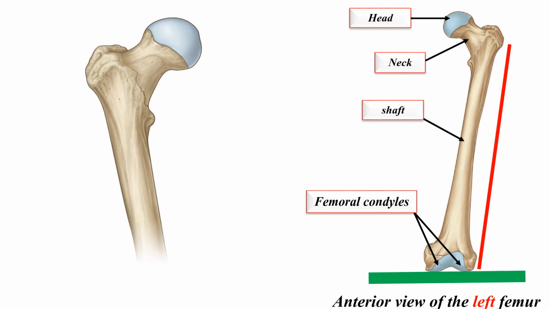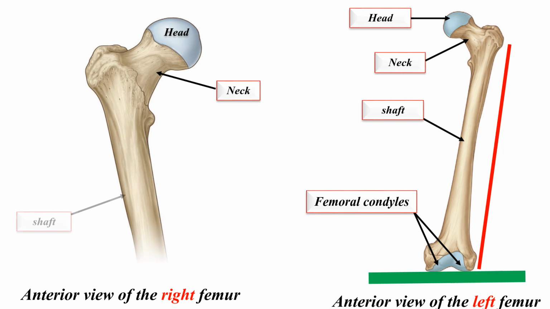On the left side of the slide, this is the magnification of the upper half of the right femur. This is the anterior view. This is the head of the femur. This is the neck and this is the shaft. The neck of the femur makes an angle with the shaft of the femur. This angle is called the angle of inclination. This is the long axis of the neck with the long axis of the shaft of the femur.